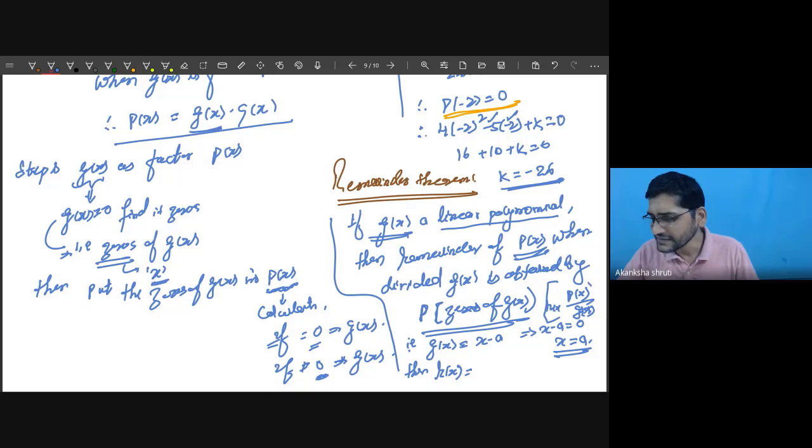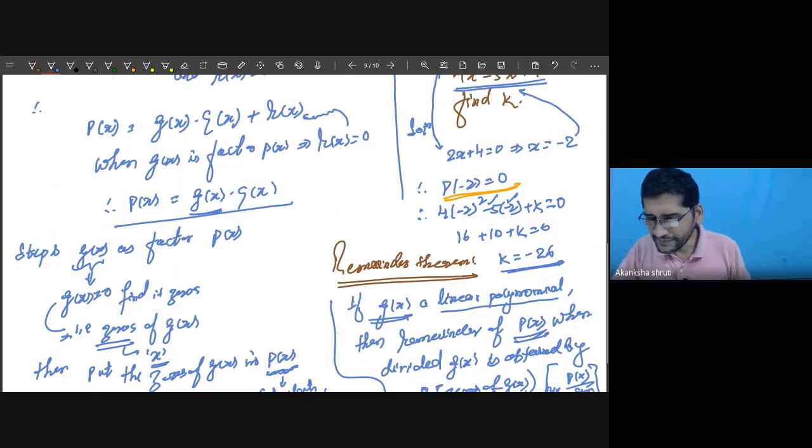This remainder is calculated by substituting the value x equals a in p(x), so it becomes p(a). Ready?